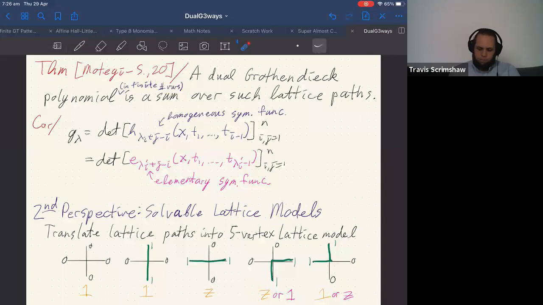And you can just check that around each crossing in my square grid, I get one of these five conditions. Nothing happens, I get a vertical line, I get a horizontal line, or I get something that goes up and to the right, or comes in and turns left and goes out up.